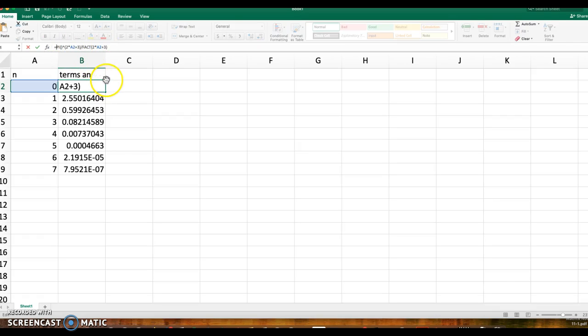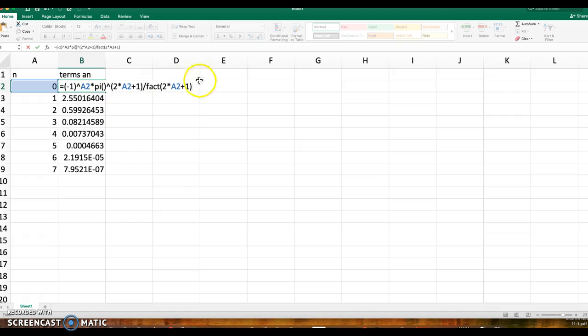I'll just rewrite this all together. I'm going to throw in the minus 1 to the n, times pi to the 2 times n plus 1, and then divide that whole thing by the factorial of 2 times n plus 1.